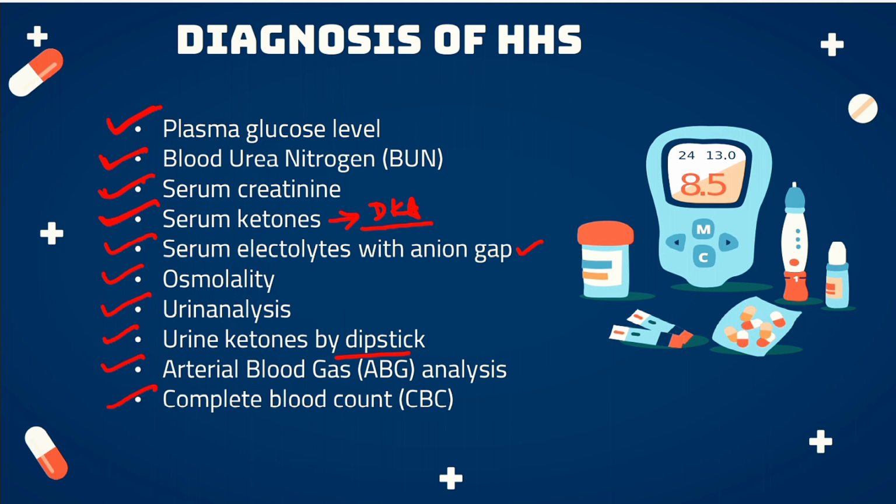Serum electrolytes are also required to be assessed, as a hypokalemia-like condition is seen in HHS, and there is a high anion gap. Osmolarity needs to be assessed as HHS is a hyperosmolar condition. Urine analysis needs to be done. Urine ketones by the dipstick method to be done. Arterial blood gas analysis to be carried out, and apart from that, a complete blood count should also be done.